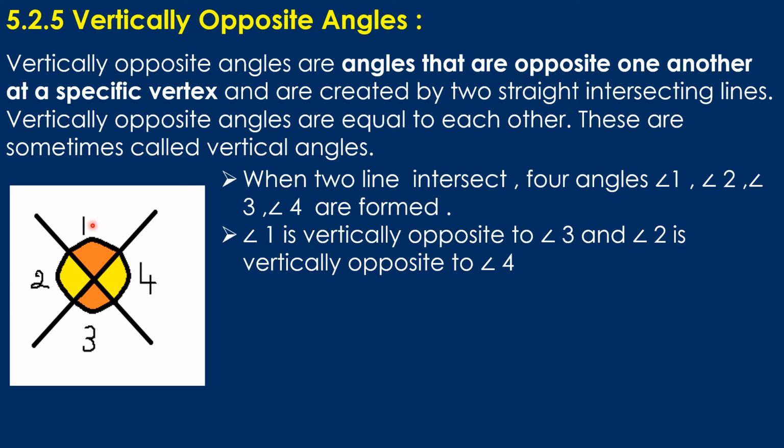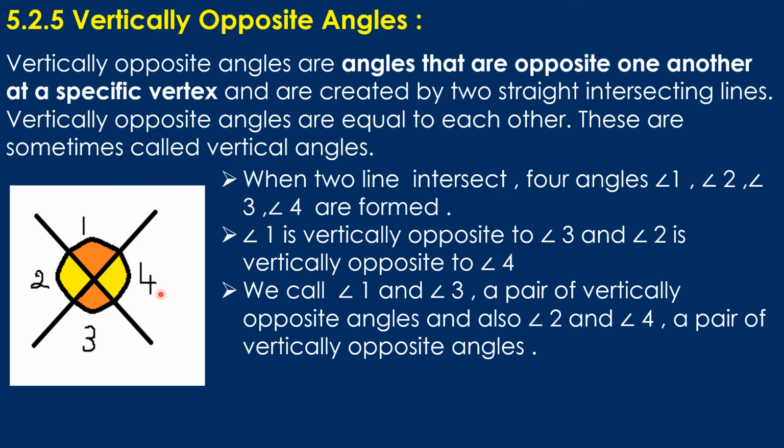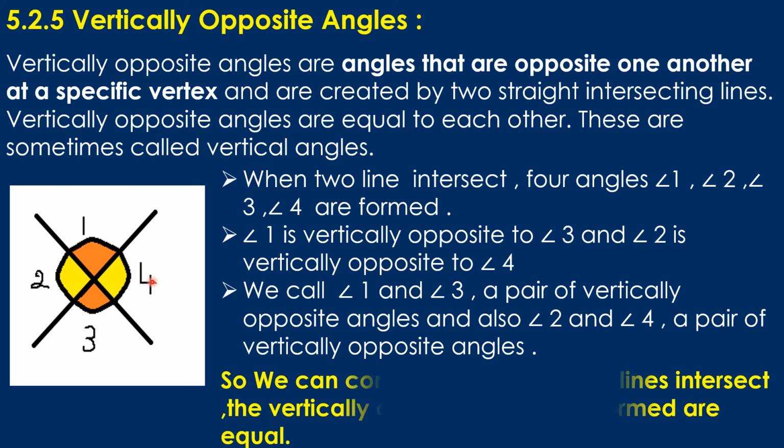Angle 1 is vertically opposite to angle 3, and angle 2 is vertically opposite to angle 4. We call angle 1 and angle 3 a pair of vertically opposite angles. Similarly, angle 2 and angle 4 are called a pair of vertically opposite angles.